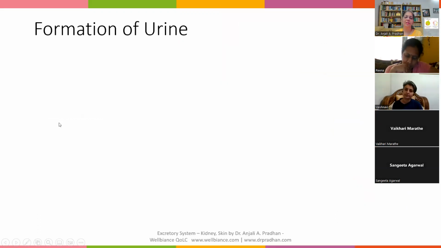How is urine formed? Through filtration, absorption, secretion. What we saw, glomerular filtration, is called ultrafiltration.